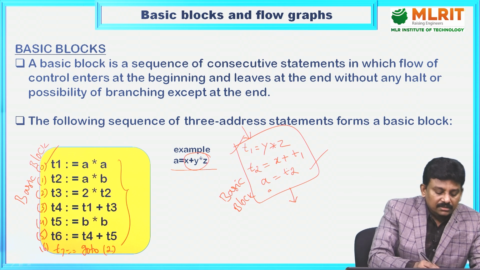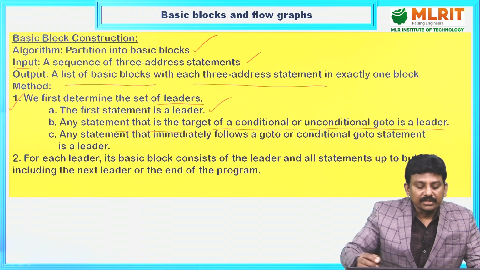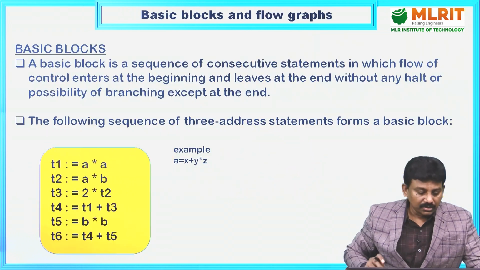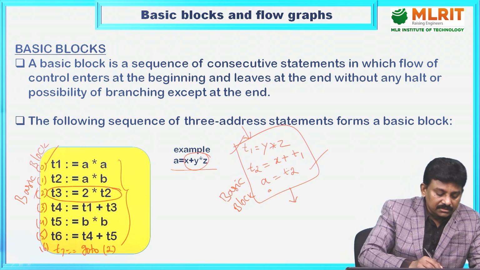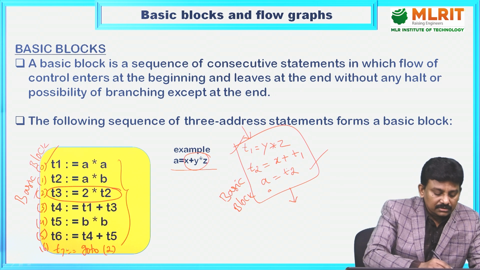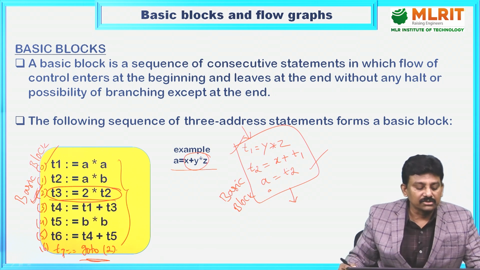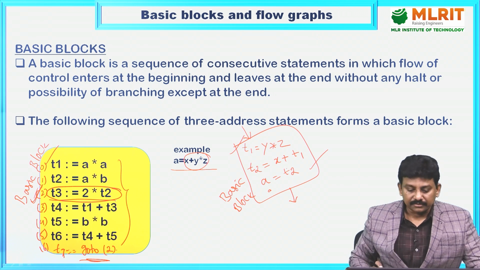That means the control will go to statement 2. Any statement that is the target of a conditional or unconditional goto is a leader. So here T3 is a leader: the target of goto 2. That is, T3 = 2 * T2 is a leader.